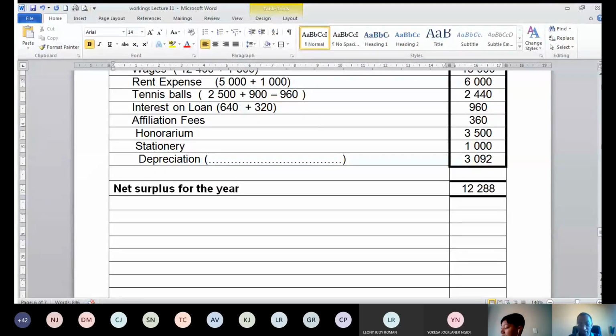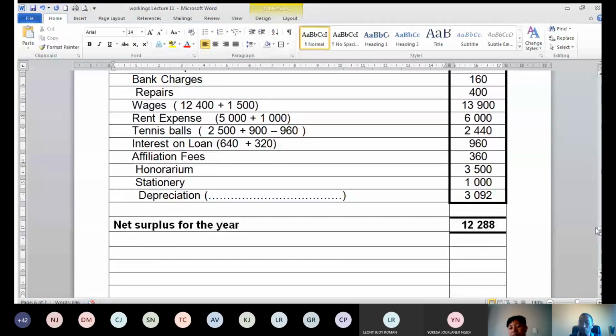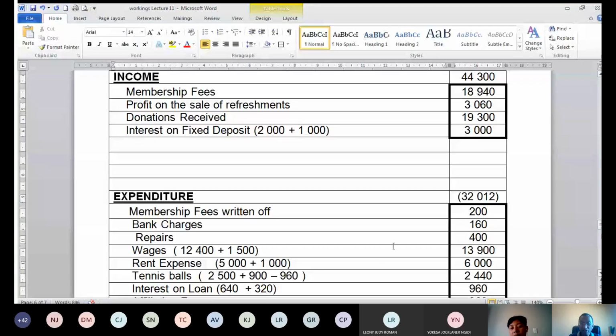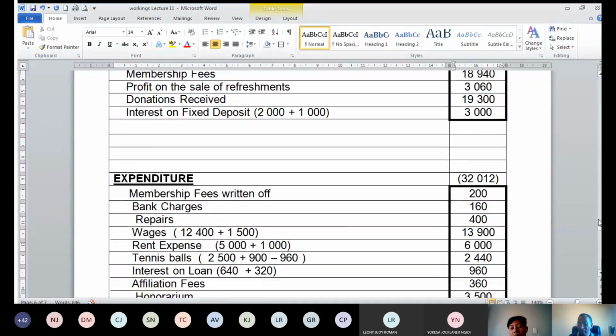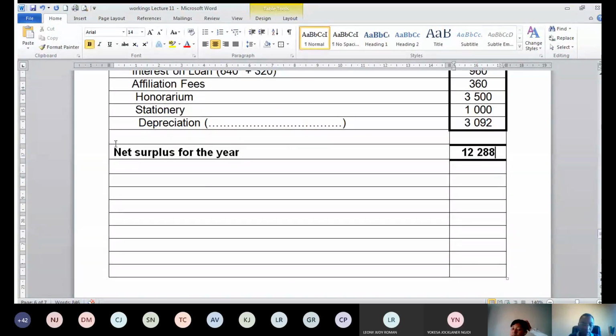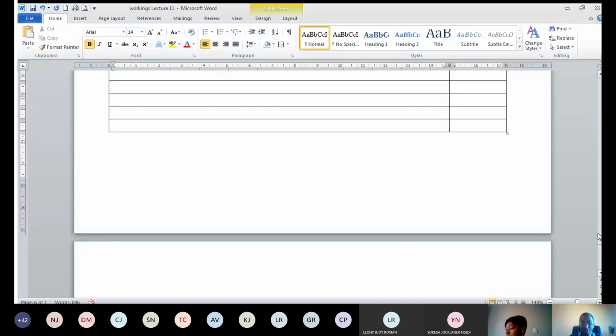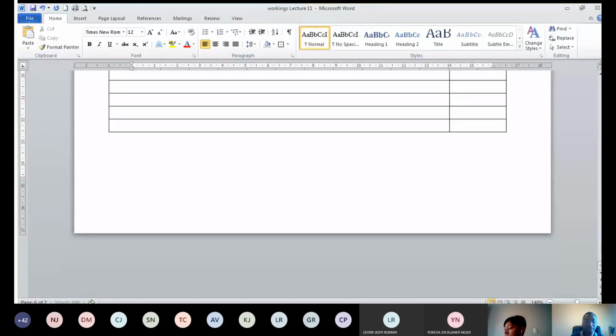The net surplus for the year is 12,288, which is the difference between your receipts or your income and your expenses. If your expenses had exceeded your income, your answer would have been a negative amount, and your label would have been net deficit for the year. Okay, so at the end of the financial year, guys, you will take a look at all your income, all your expenses, and the difference between the two will then be, in this case now, the surplus for the year.